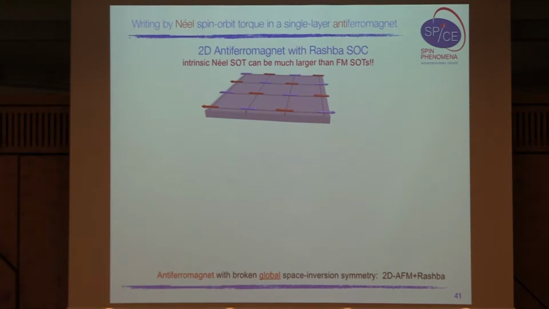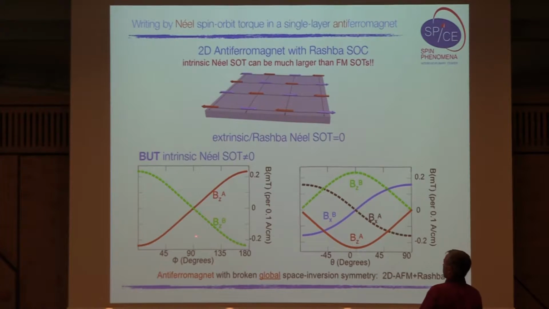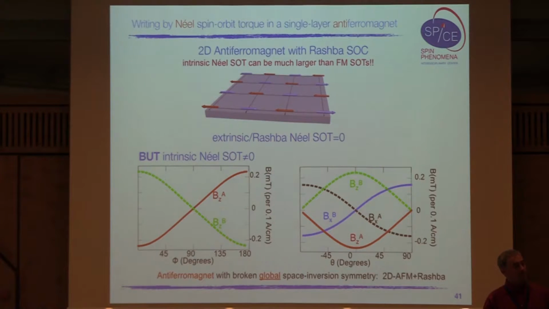In this case, the opposite components would cancel, and you would only end up left with a contribution to this effective field that depends strongly on the angular dependence, similar to the one that I showed you about the anti-damping spin-orbit torque in ferromagnets that we observed in gallium manganese arsenide and nickel manganese antimonide.